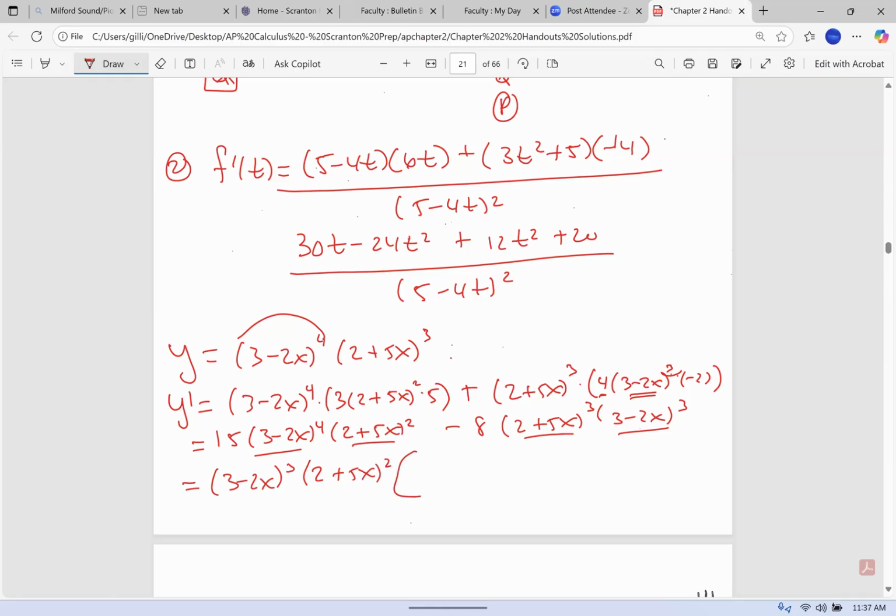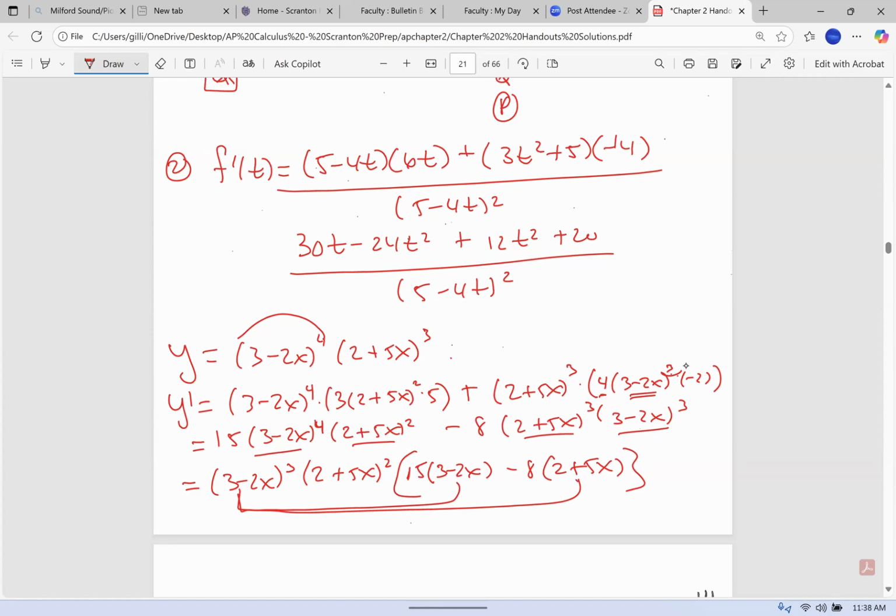And what's left is 15 times a factor of 3 minus 2x. So then I multiply these, I get that to the fourth power. Minus 8 times 3 minus 2x. Okay, because then this times this will give me that. Oh, wait. No, it's 2 plus 5x. Yeah, see? Good thing I double checked my work.